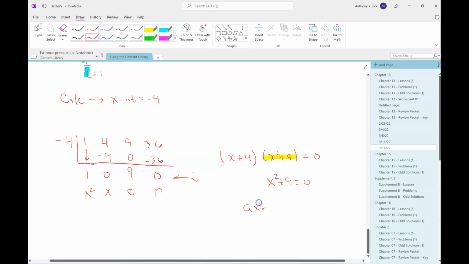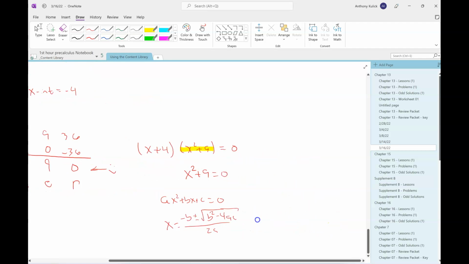Remember the quadratic formula for ax squared plus bx plus c equal to 0. x is negative b plus or minus the square root of b squared minus 4ac all over 2a. You could do that, absolutely.